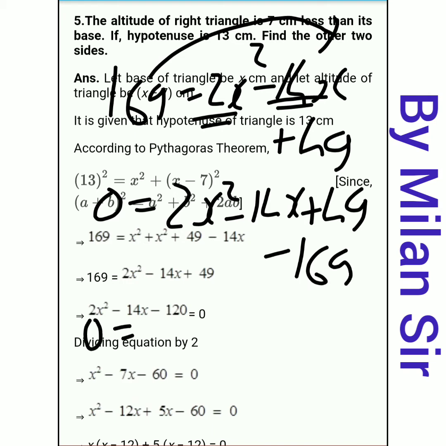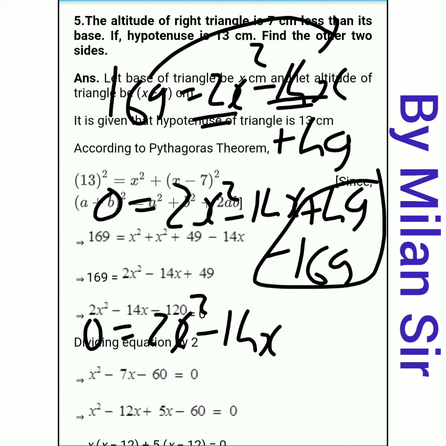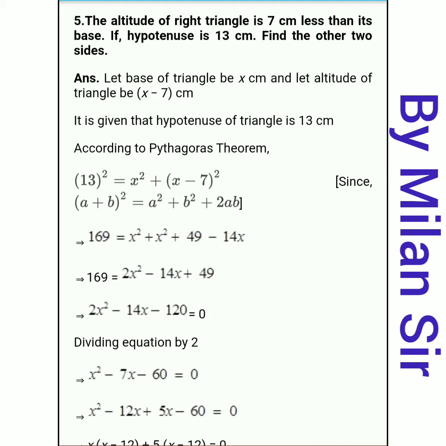So 49 minus 169 is 120, and the bigger number's sign is negative. So finally we get 0 is equal to 2x square minus 14x minus 120. So we have 2x square minus 14x minus 120 is equal to 0.